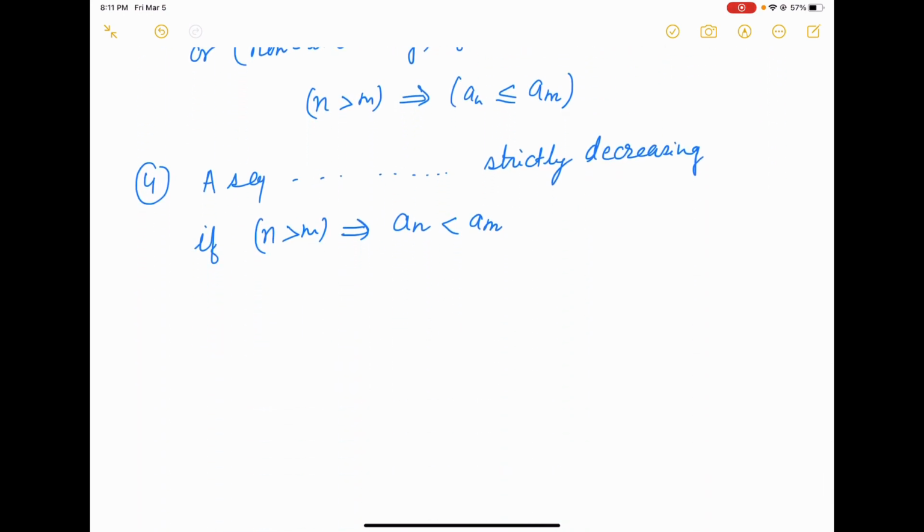So this is a strictly decreasing sequence. I have already given examples of these four sequences.